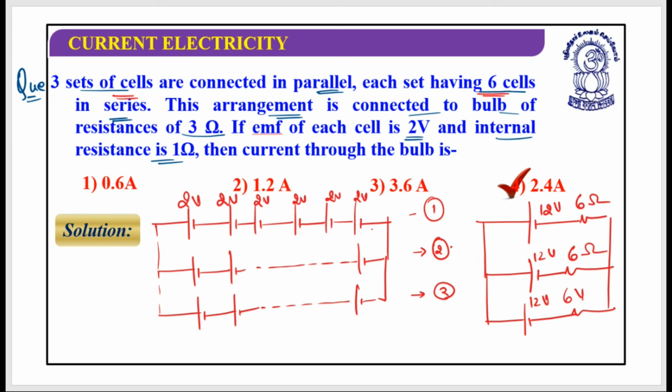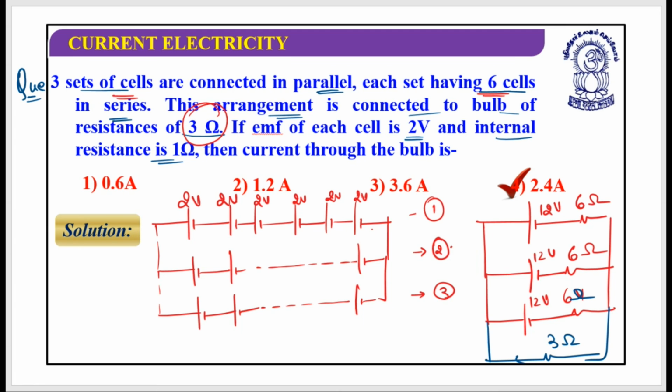Yes, and the bulb works as an external resistance, and the external resistance is 3 ohm. So this is 3 ohm. I need to calculate the current through this.